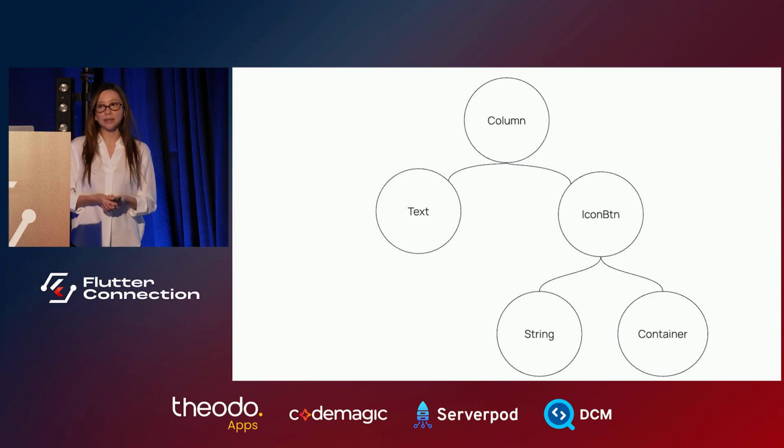That's why you have to explicitly describe everything that has a meaning to the screen readers so they understand what's happening. In a sense, we would say, this is a button, this is a heading, and this is an image with a description. It's basically what makes Flutter usable for everyone.